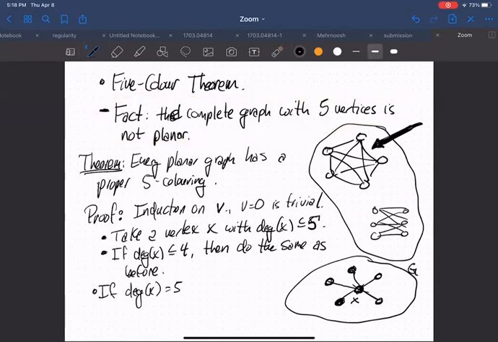So those 5 neighbors, the edges between them can't all be there. Another way of saying that: if the degree of x is equal to 5, then x has 2 neighbors, y and z, with no edge between them.